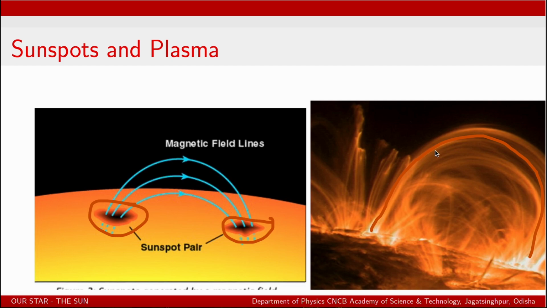These structures are called solar prominence. We saw in the very first slide this picture from NASA where we clearly saw one solar prominence. That's the reason for solar prominence: they are accompanied by a very strong magnetic field, and hence they support the plasma.